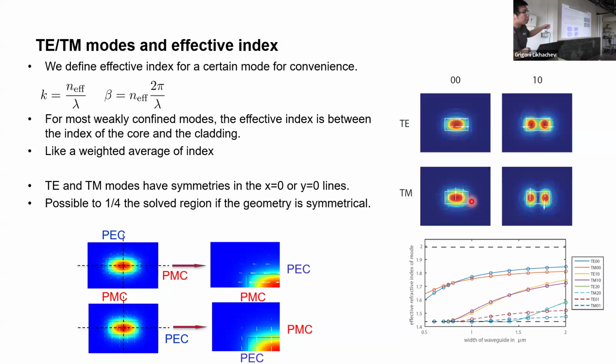If it's a TE mode, then you have no electric field that is vertical to the horizontal plane. All the electric field is parallel to the horizontal plane at the point x equals 0.